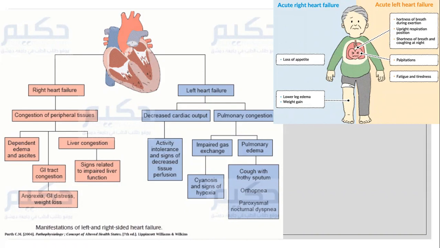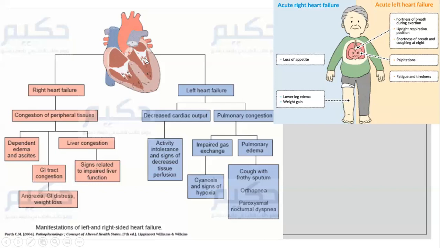Some of the common signs of left-sided heart failure are as follows. Here we can say left-sided heart failure has signs like decreased cardiac output and pulmonary congestion, because blood comes from the lungs to the left side of the heart.